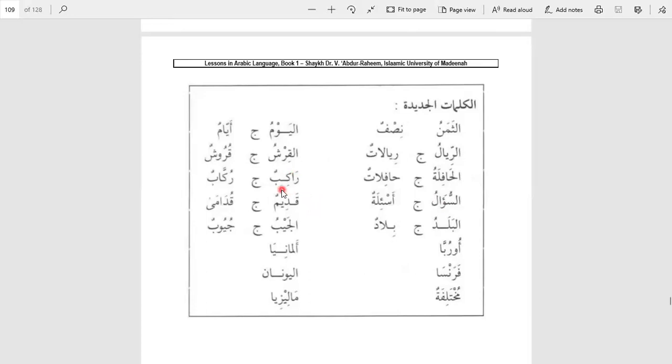Rakib, rukkab; qadim, qudama, that's new, old; and jayb, juyub, that's pockets. So some of these words we've already met, and those we haven't met, we are going to use them, inshallah, in some future lessons.